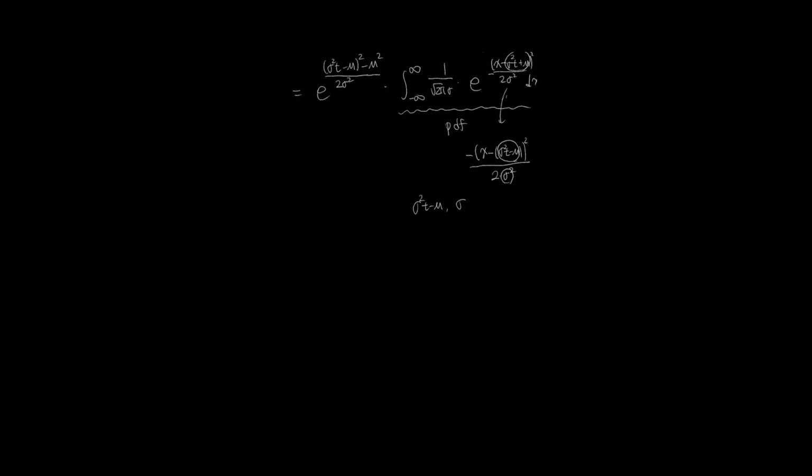And anyway, it's a normal distribution, so we can tell that when we integrate, like summing over the whole range, it goes to 1. So this part is going to be just 1, so it's not going to affect the result of the calculation.